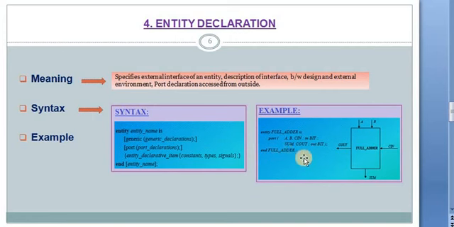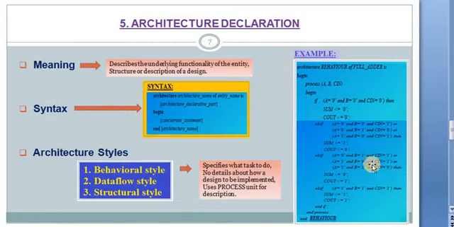Now let's discuss architecture declarations. As you see on the slide, the architecture statement describes the underlying functionality of an entity. So we can say that an architecture statement defines the structure or description of a design which is bounded with an entity. See its syntax.